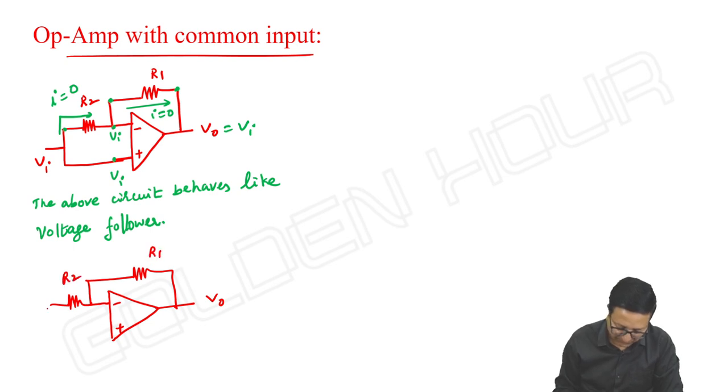R1, R2, Vi. See, this is Vi. Due to virtual short, it is Vi.